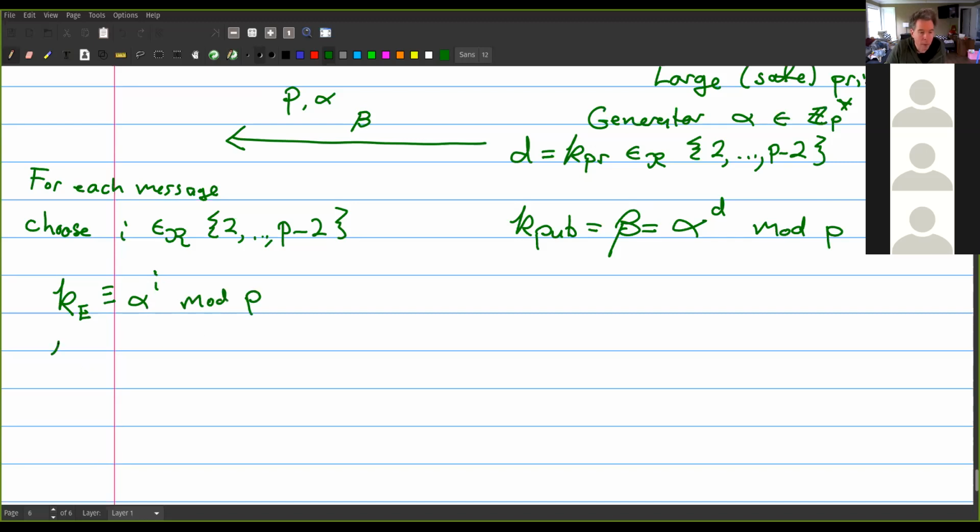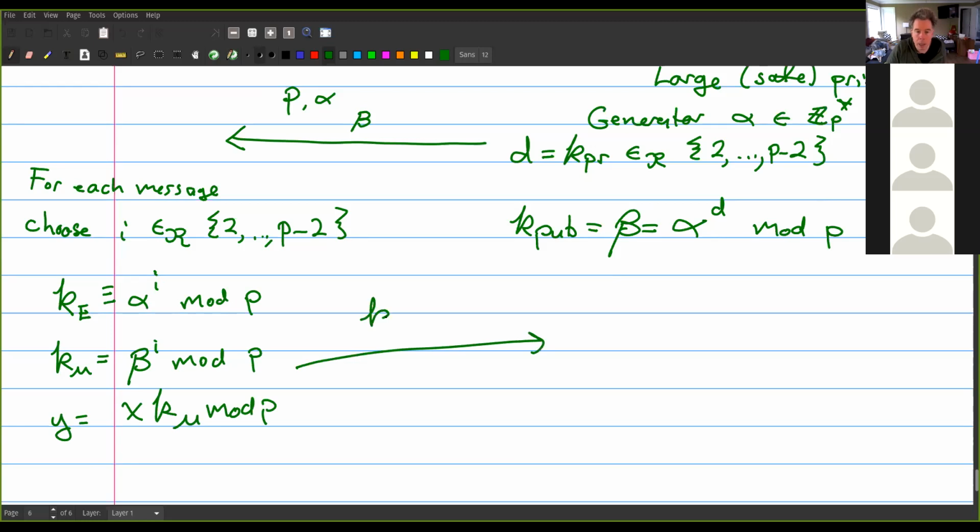And then she privately computes KM, which is Bob's public key to her private key, mod P. Then she computes the ciphertext, which is X times KM mod P. And then she sends KE, which is the ephemeral key, but in Diffie-Hellman terms it's also Alice's public key for this choice of I. And she also sends the message here.